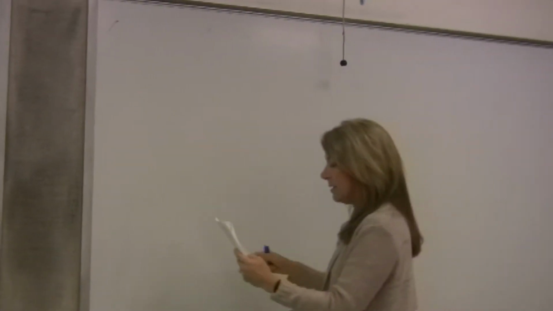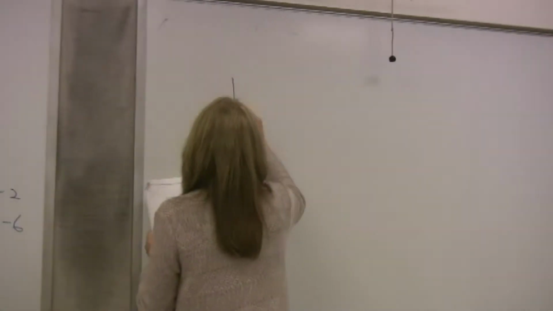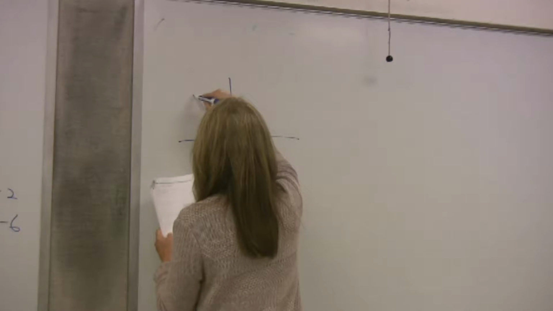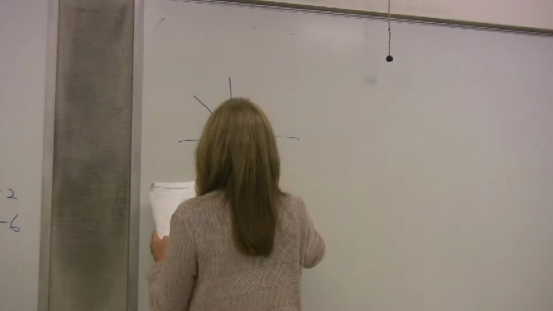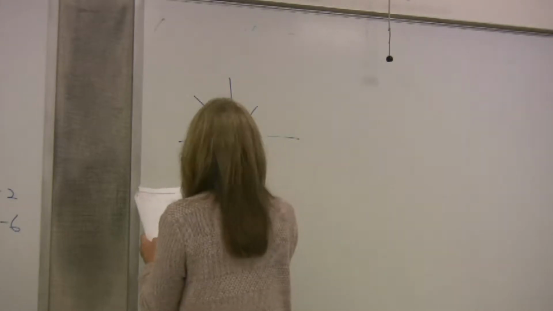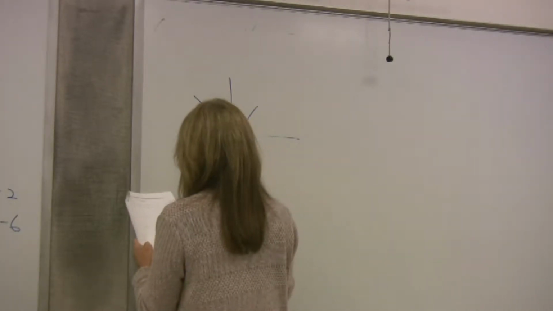You could also plot points. It looks something like this. Ooh, I don't remember which direction it started. You guys will tell me if I can figure it out here.